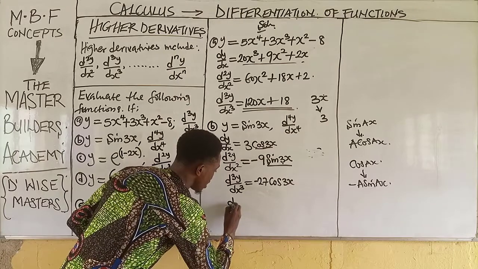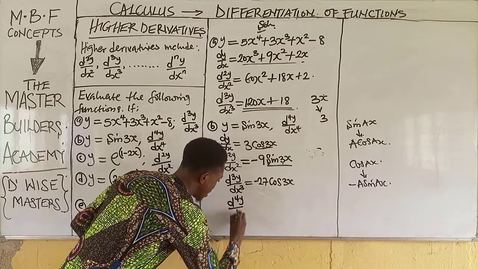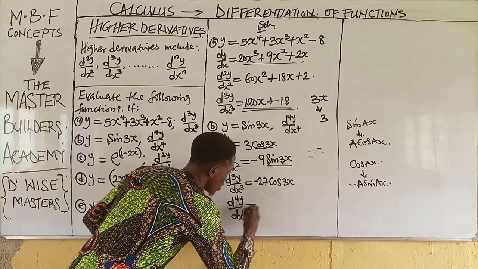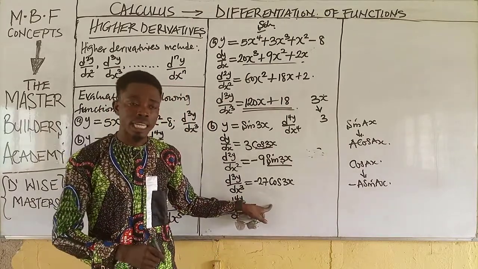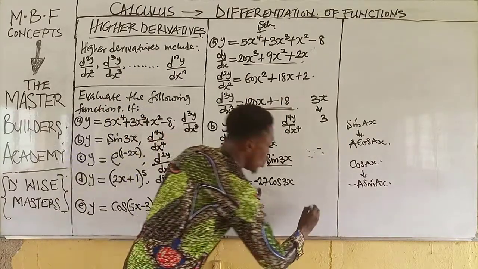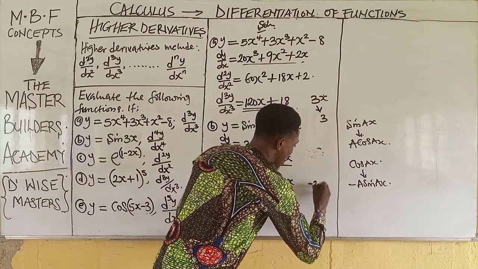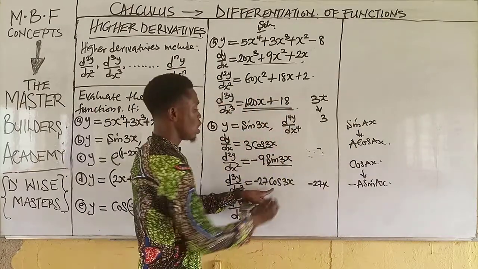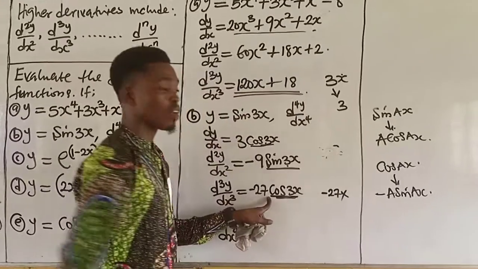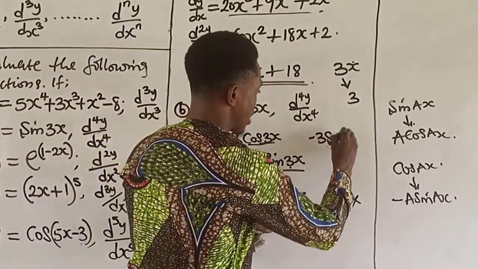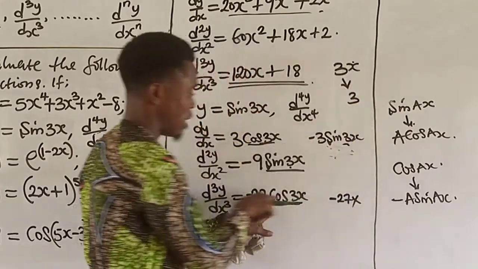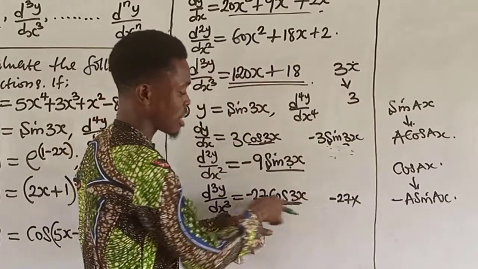And finally, d⁴y over dx⁴ is equal to, now to obtain the fourth derivative, we have to differentiate the third derivative. Now in the third derivative, we already have a coefficient of negative 27. Multiply by, when we differentiate cos 3x, we will have negative 3 sine 3x, because the 3 will come out, or when you differentiate 3x, you have 3.